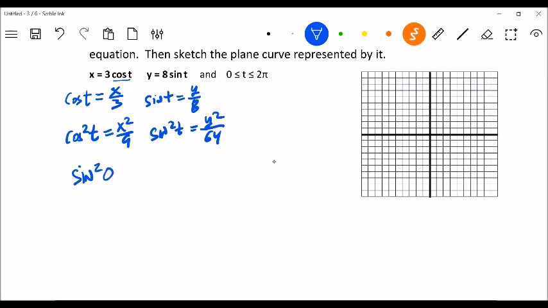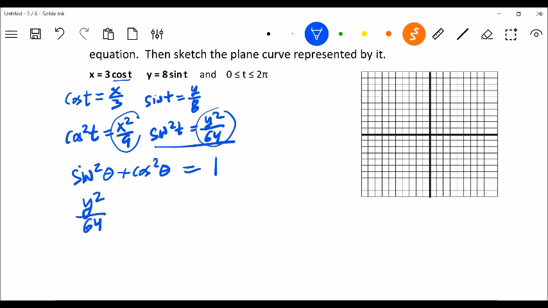Sine squared theta plus cosine squared theta is equal to 1. Oops, something went black. Okay, we're back. Good. And we're going to substitute these, but the sine one's over here. So I'm going to be putting the y squared first. And then the cosine one second.